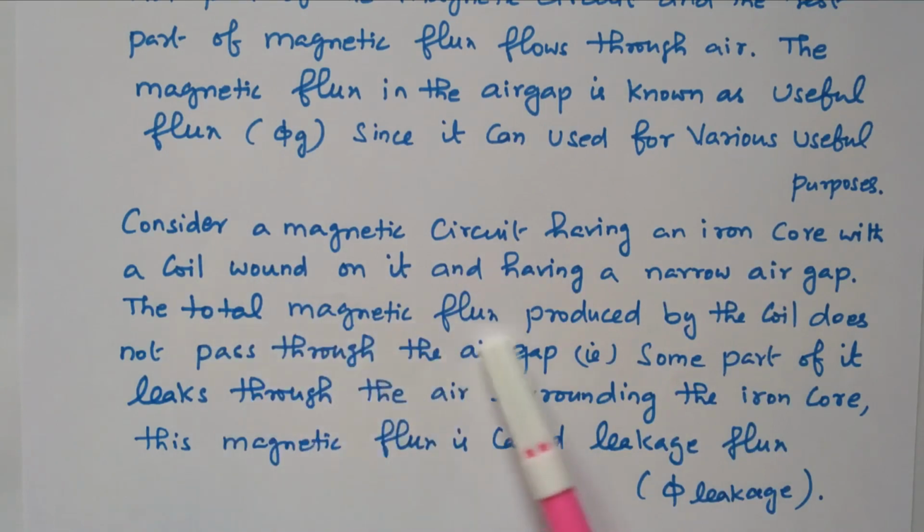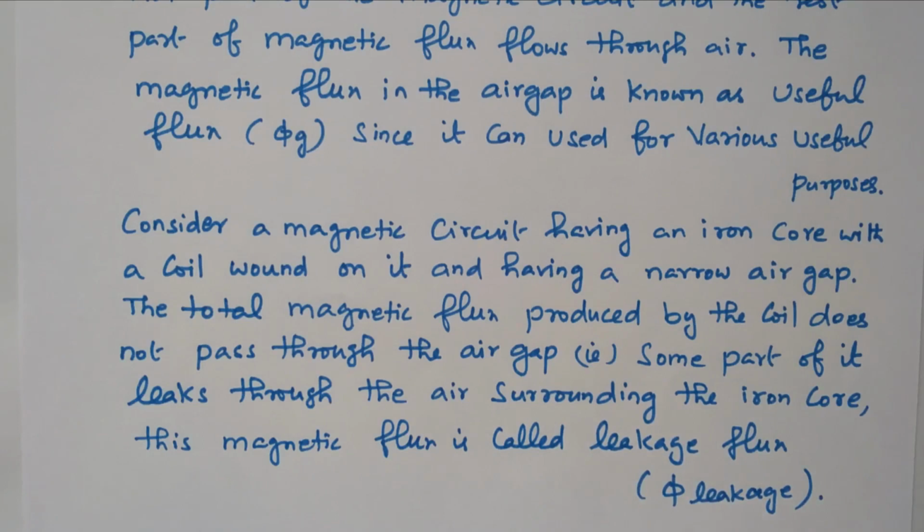The total magnetic flux produced by the coil does not pass through the air gap. Only some of the flux passes through the air gap. Some part of it leaks through the air surrounding the iron core. So that is called a leakage flux. Thus we discussed that the flux deviating from the desired path is nothing but a leakage flux. That is given as phi leakage.